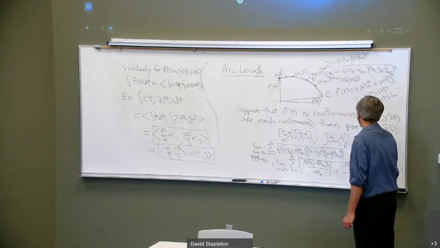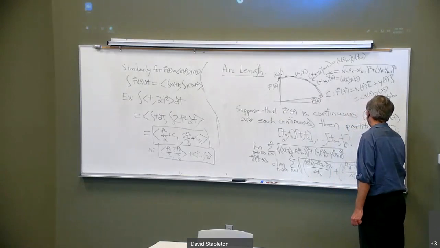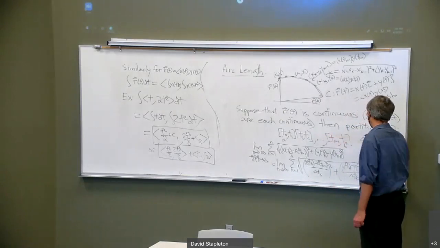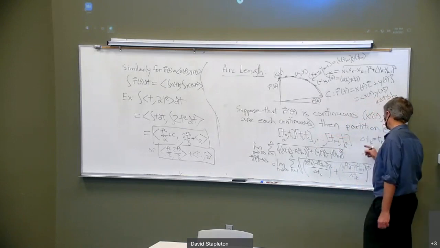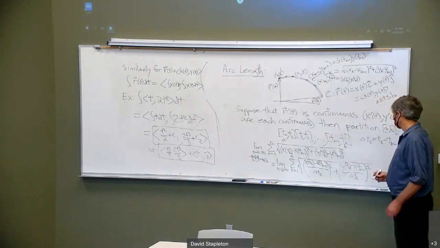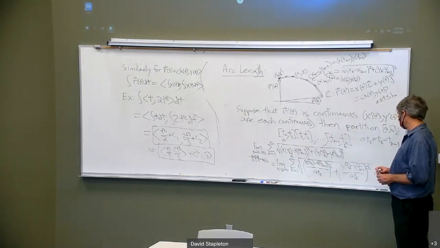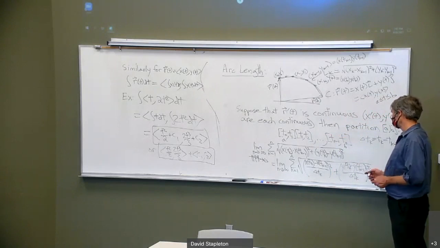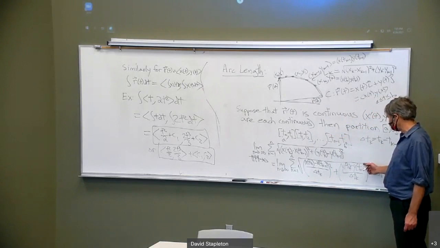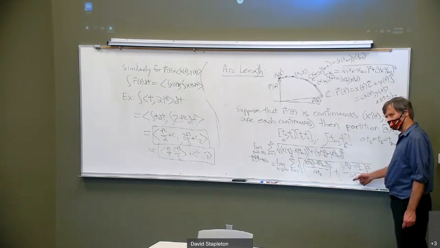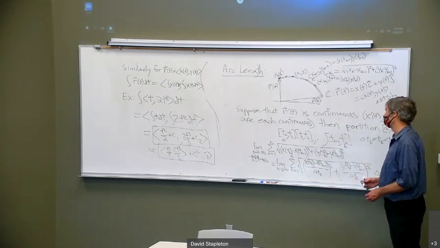Where I'm going to let delta tk denote the length of the kth interval, tk minus t(k minus 1), k running from 1 to n, so you've got delta t1, delta t2, all the way up to delta tn. And see, this is the same thing algebraically, right? Because I'm multiplying the outside by delta tk, and multiplying the inside by 1 over delta tk squared, so these cancel. The delta tk's don't cancel, it's the same thing.